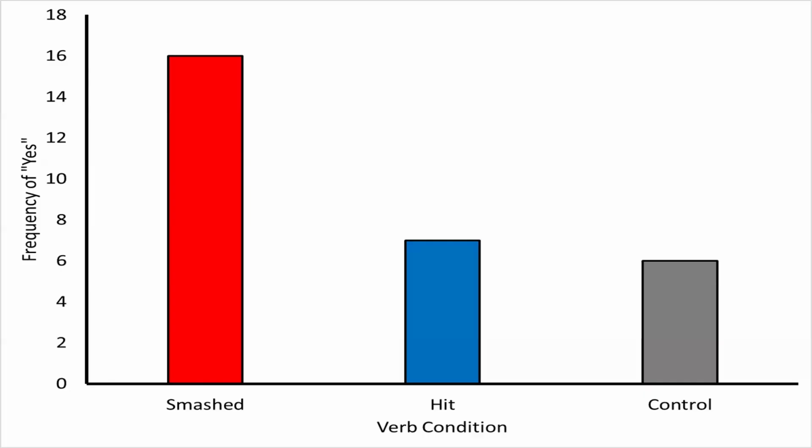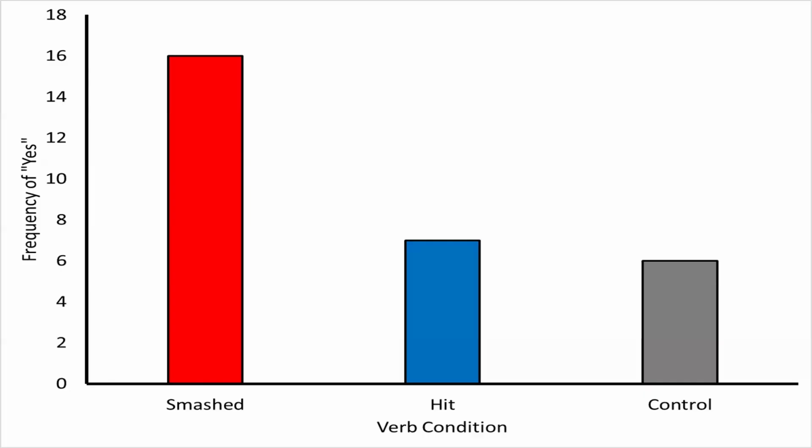So again, this is much more readily understandable than a table is. It takes a lot less time for your mind to decode it. The downfall of this, though, is that if you wanted exact numbers, you would have to take out a ruler and start measuring things. So you would have to measure the height of that bar and draw a line over to the y-axis for the smashed group, and you would see that it intersects at 16, and then you'd have to draw the height of the bar for the hit condition, draw a line over to the y-axis to see that it hit at 7.